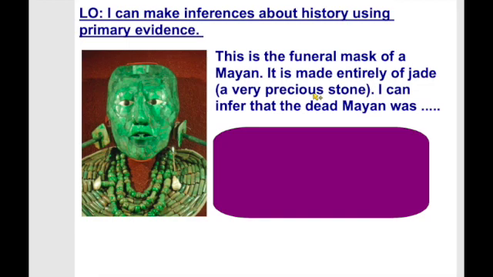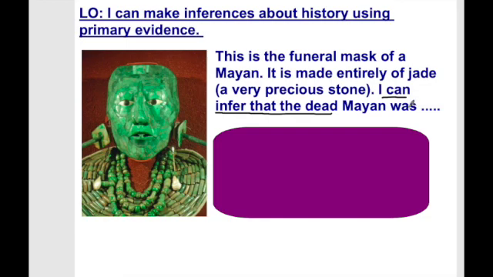So you're going to write that and then look at this sentence. I can infer that the dead Mayan was... What that means is, thinking this is an expensive stone, what does that tell you about the dead Mayan?